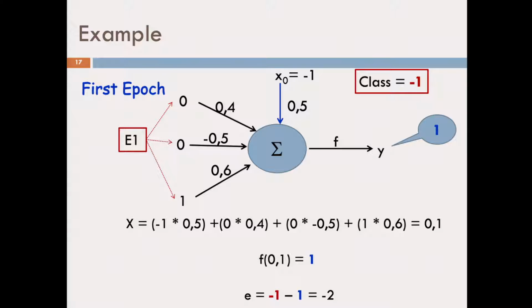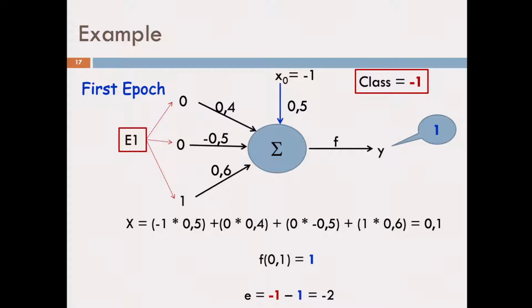Usually we use the value 1, okay? So what we do, we calculate the linear combination: -1 times 0.5 plus 0 times 0.4 plus 0 minus 0.5 plus 1 times 0.6.